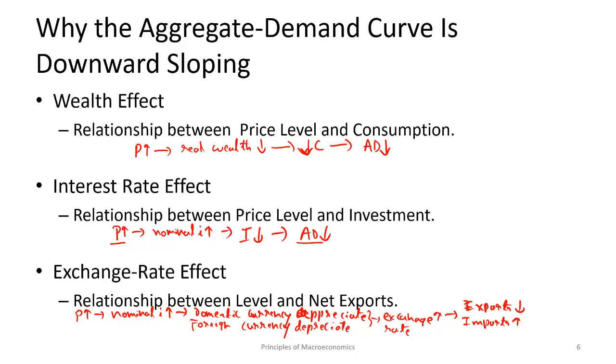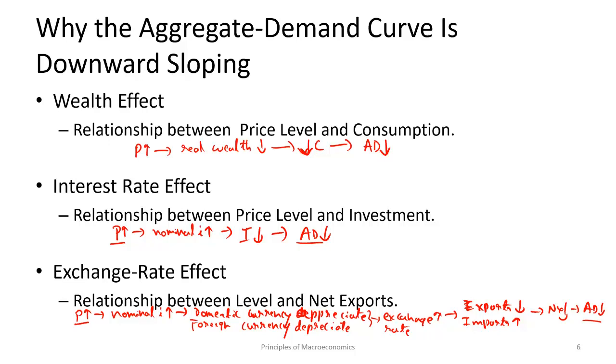So when they buy less from us, we are exporting less, but when we buy more from the rest of the world, we are importing more, which means net exports decrease, which means aggregate demand decreases. So this is the logic behind the exchange rate effect, which connects prices through interest rate, exchange rate, and aggregate demand. Again, an inverse relationship between price here and aggregate demand here.